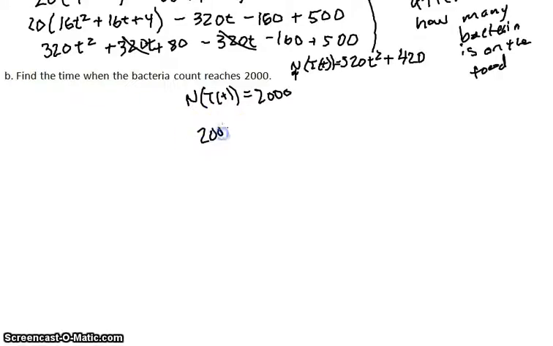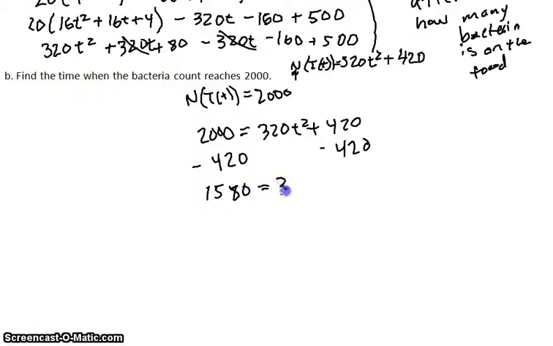So 2,000 equals 320t squared plus 420. I'm going to subtract 420, and I get 1,580 equals 320t squared.